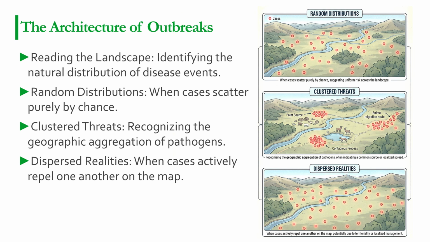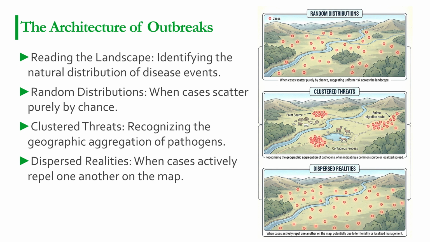This is uncommon for infectious diseases. A clustered pattern is the most frequent. It often suggests a point source exposure or local transmission spreading between nearby herds. A dispersed pattern, where cases are more evenly spaced, may reflect strong territorial behavior in wildlife or management practices that reduce close contact and limit clustering.